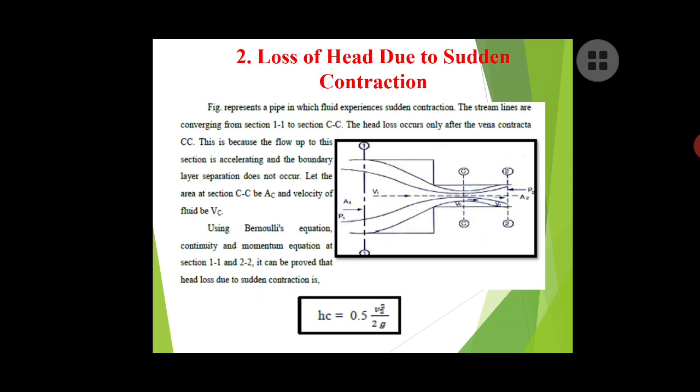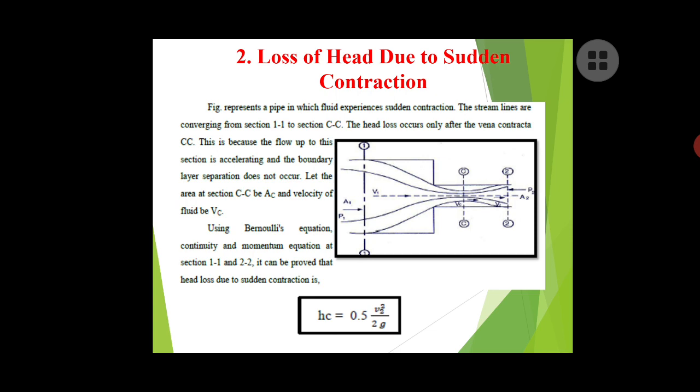Next, loss of head due to sudden contraction. The figure shows the fluid experiencing sudden contraction. The area is contracted at section 2, so the streamlines converge between section 1 and CC. The head loss occurs only after the vena contracta. This is because the flow in this section is accelerating and boundary layer separation does not occur.